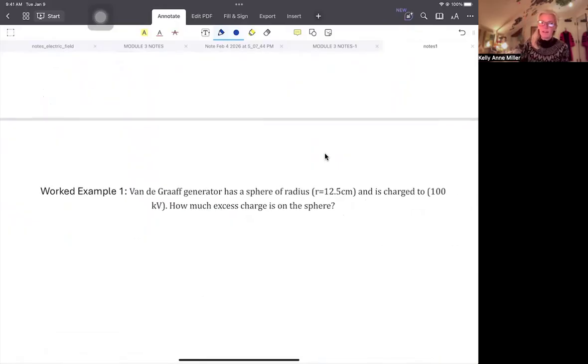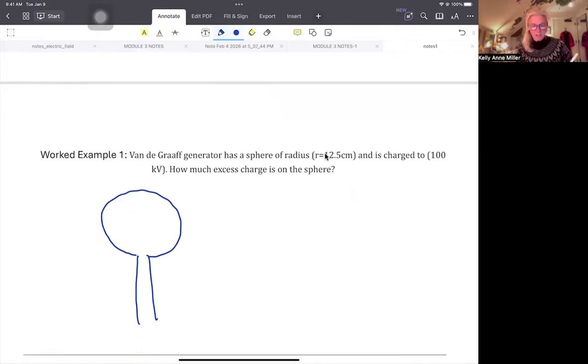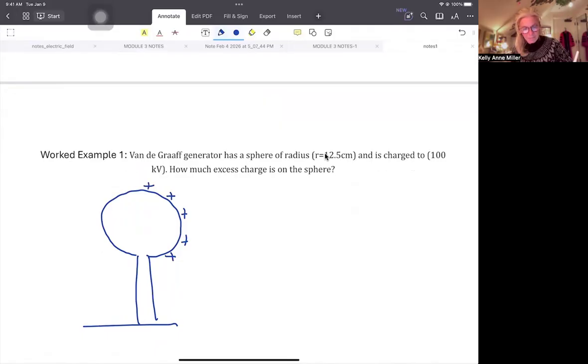So let's say that we have a Van de Graaff generator and it has a sphere, the top of the bulb. Some of you are building Van de Graaff generators for the project, which is very cool. It's the thing that you see in the science museums, a big metal sphere with charge collecting on it, some sort of electrostatic charge separation, where a belt is rotating around and charge accumulates on the outside of the metal sphere.